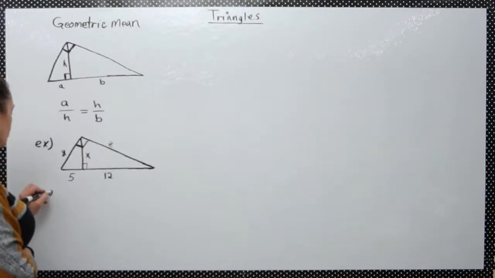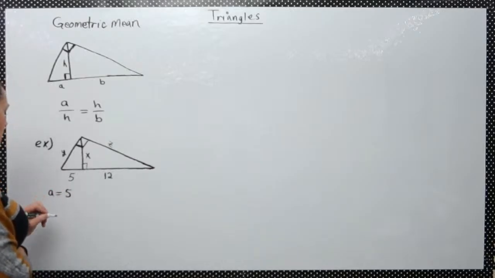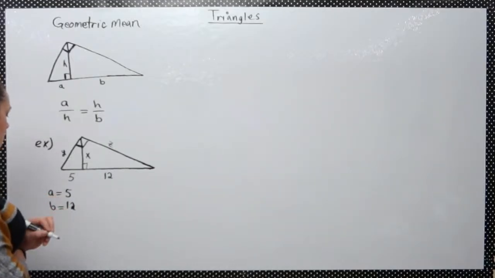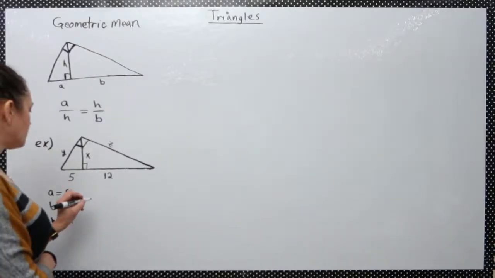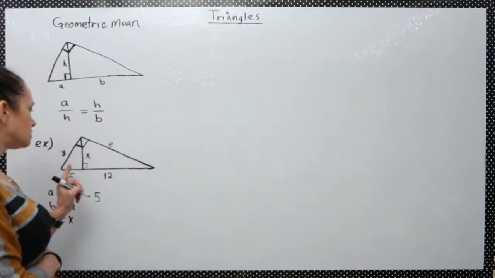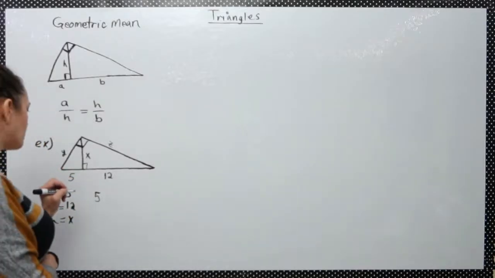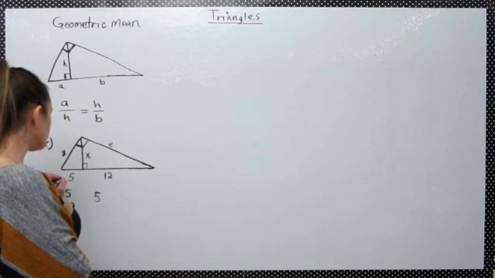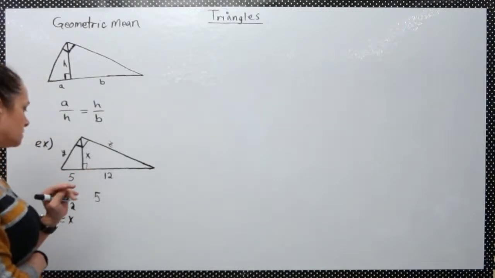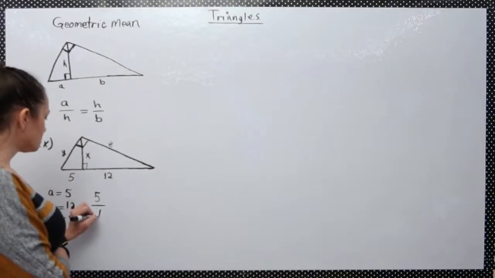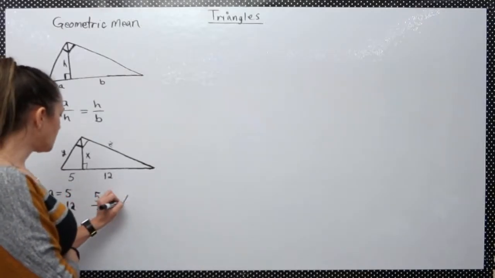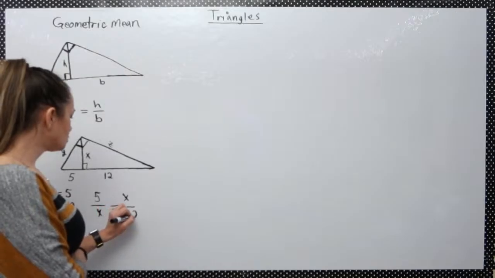So a would equal 5 in this case, and b is going to equal 12, and then h is X. There are other theorems, I just don't have them memorized. I could probably go and relearn these other ones and look them up. But I should be able to say 5 over X is equal to X over 12.